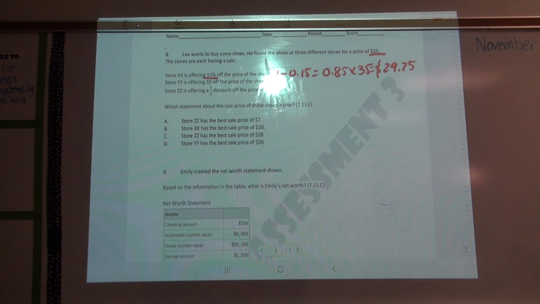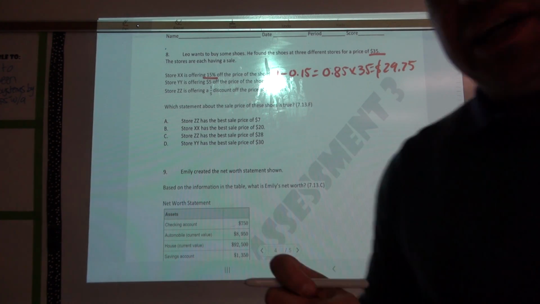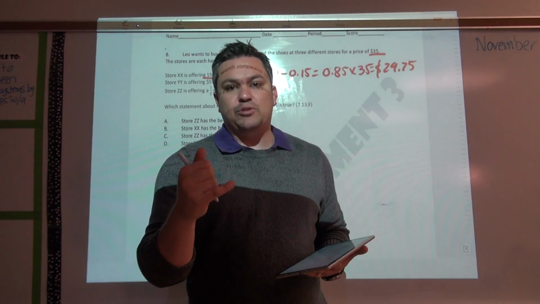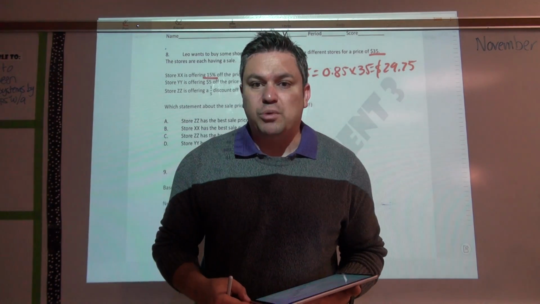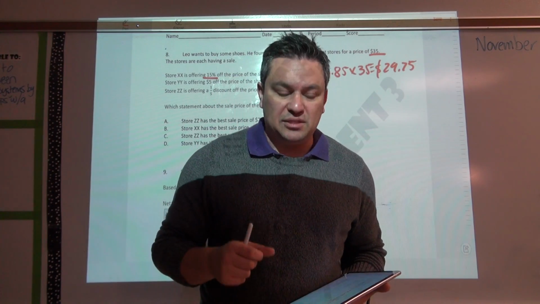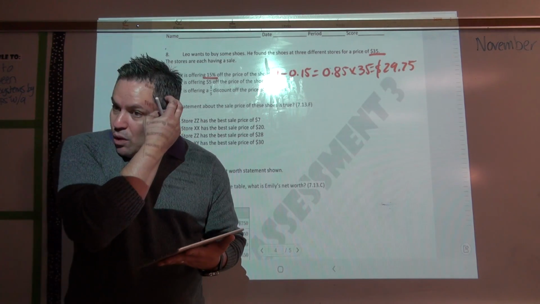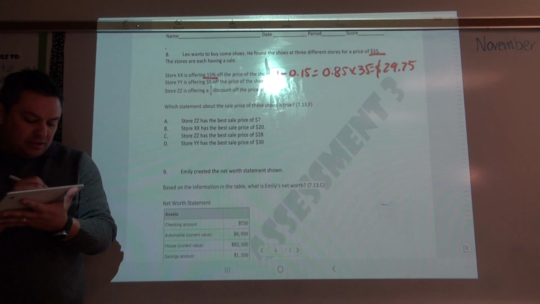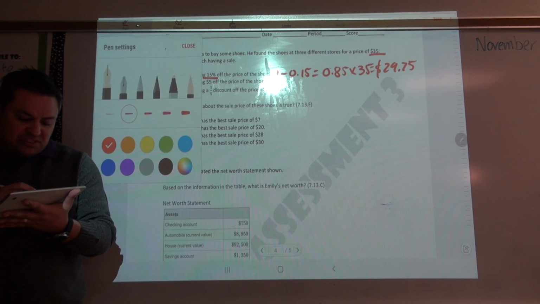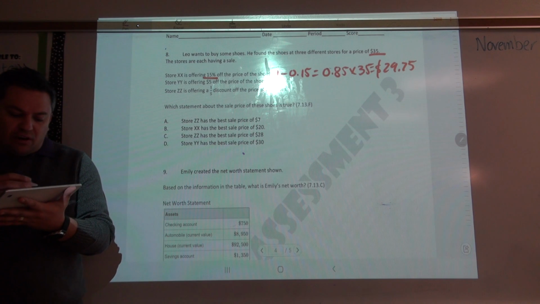Okay? So again, step 1 for a markdown, convert percent into a decimal. Step 2, take that away from 1. Step 3, multiply by the original sales price. That's going to give you the new price. That's what we did on the first try. Now, store Y has a different sale.